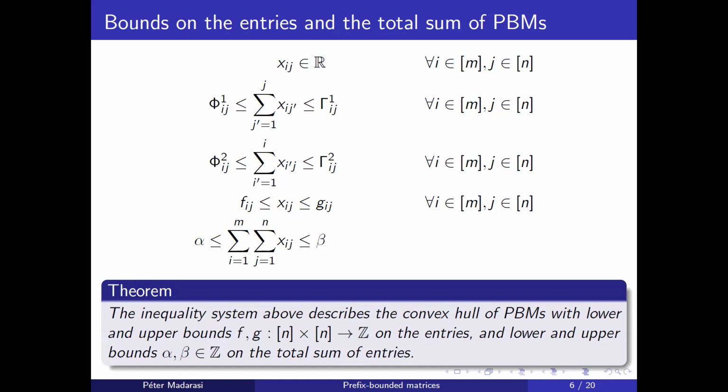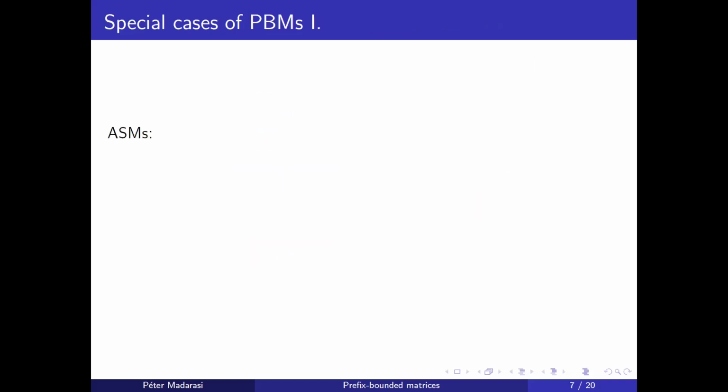The notion of PBMs is general enough to capture several notions that I actually learned about during this week. Of course, ASMs are a special case, which correspond to the case when the lower bound on the horizontal partial sums, or horizontal prefixes, is uniformly 0 except for the full rows, where it is 1.